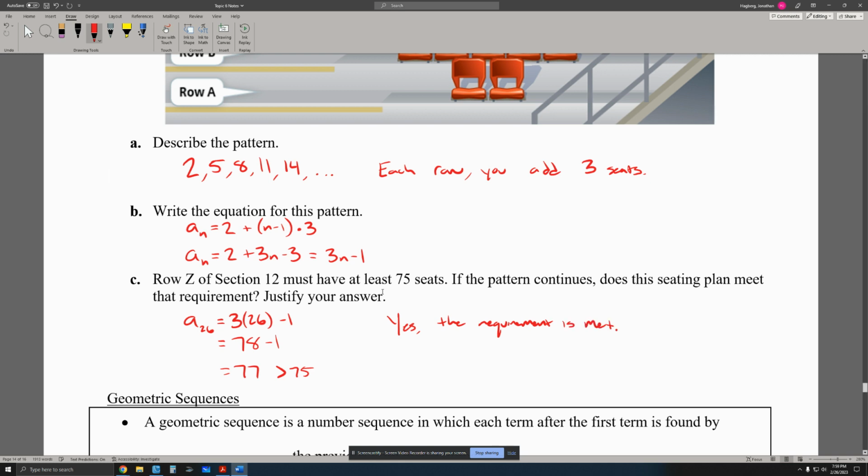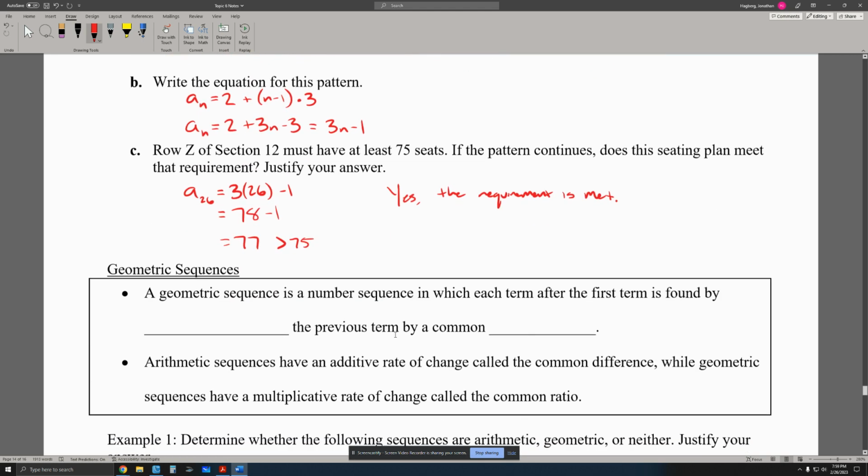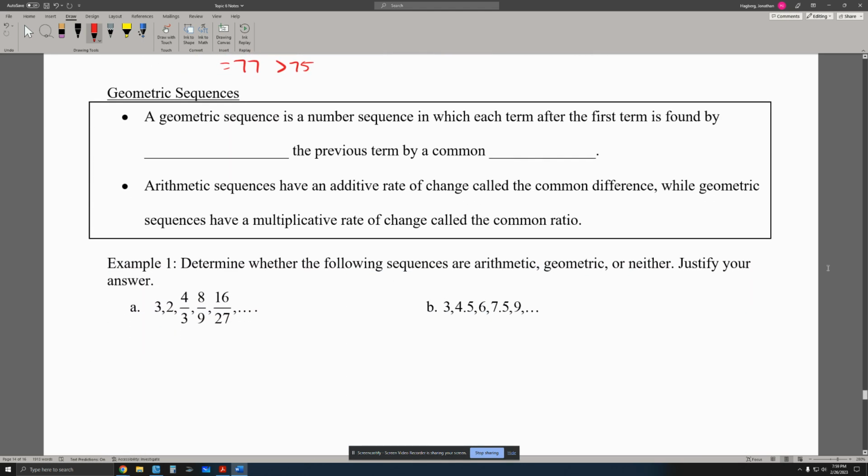Great. So here we just did a warm-up, and this was an arithmetic sequence. The other type of sequence that we're going to be looking at in this unit is geometric sequences. A geometric sequence is a number sequence in which each term after the first term is found by multiplying the previous term by a common ratio.